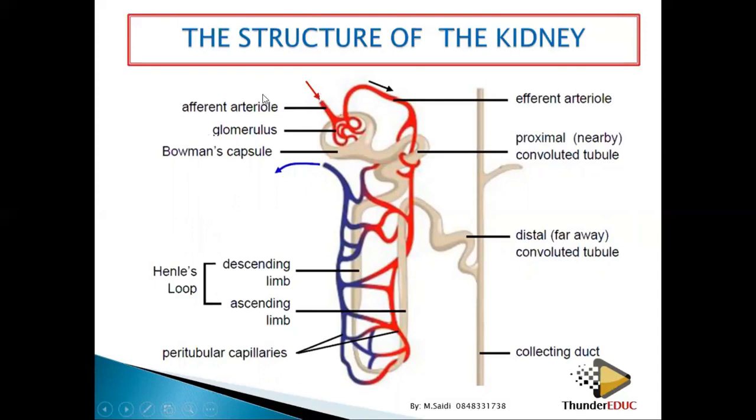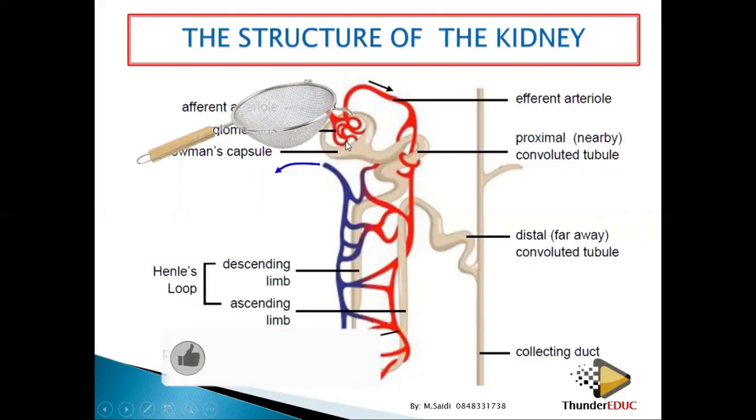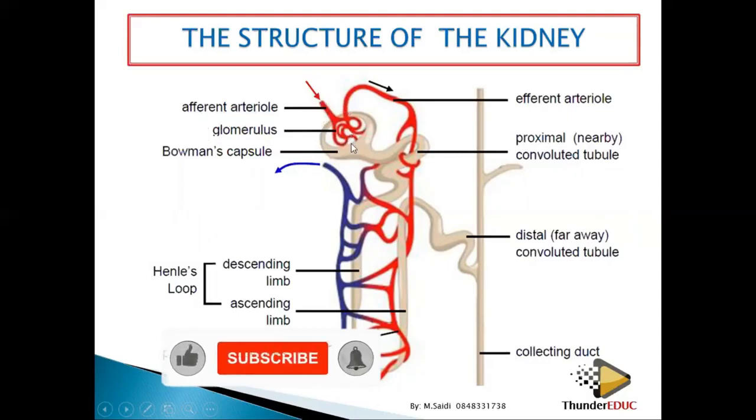Know that when the blood comes, it comes with the afferent arterioles. Then the afferent arterioles branch to form a sieve. A sieve is something which allows some substances to go through and others won't go through. So it forms a sieve.